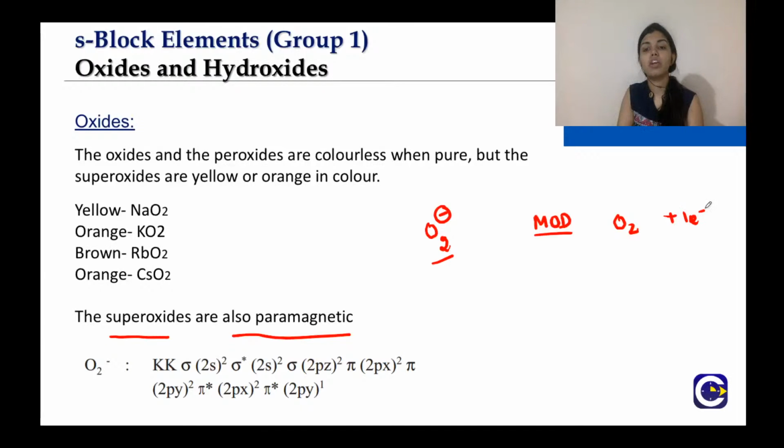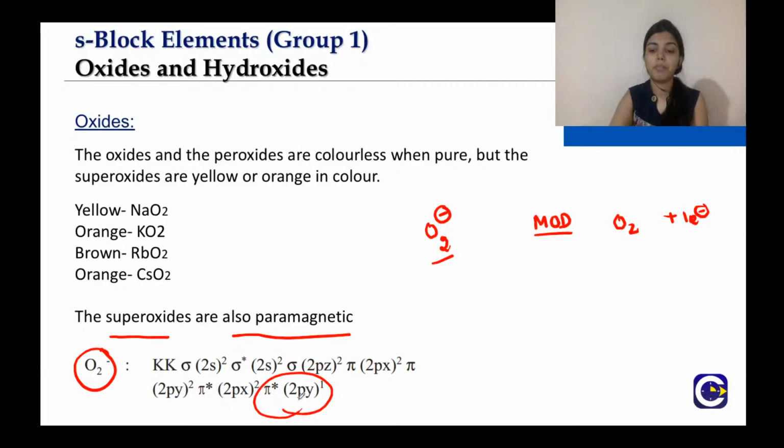That will become the molecular orbital diagram of O2 minus. We have already done this in brief in the chemical bonding chapter. So here you can see that O2 minus is also paramagnetic in nature due to the presence of one unpaired electron. I'll again make you remember that O2 minus is superoxide, O2 2 minus is peroxide, and O 2 minus is oxide.